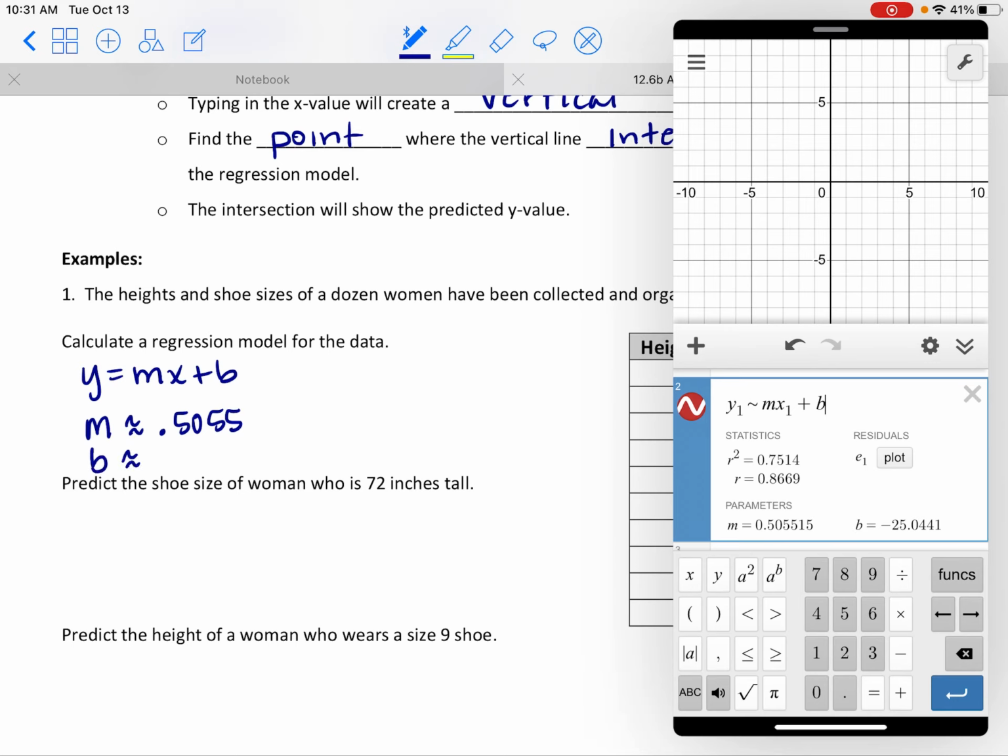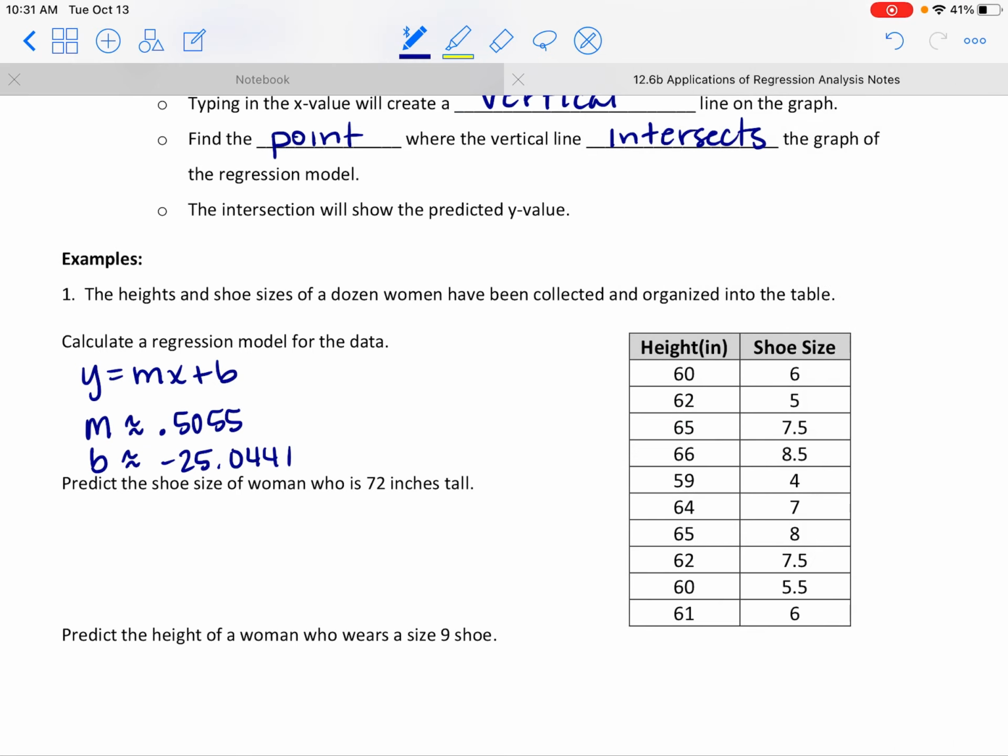And b is approximately negative 25.0441. So we're going to put those together and round, and say that y is going to be 0.51x minus 25.04. It doesn't specify where to round in this one. Generally, the hundredths place is going to be fine.